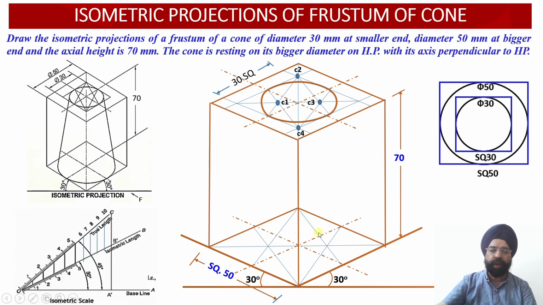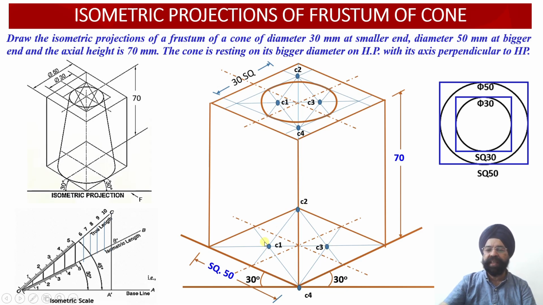So this is the second opposite edge, and this projector will be joining the midpoint of the second edge as well. Once we have made this construction, the 4 center points have been located once again. So let's name them C1, C2, C3, C4.